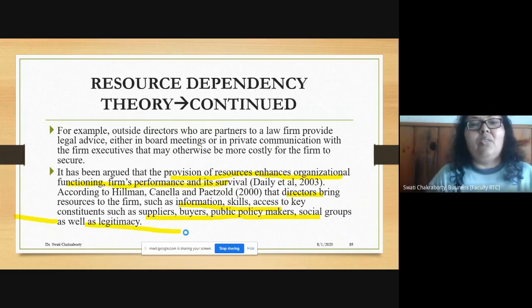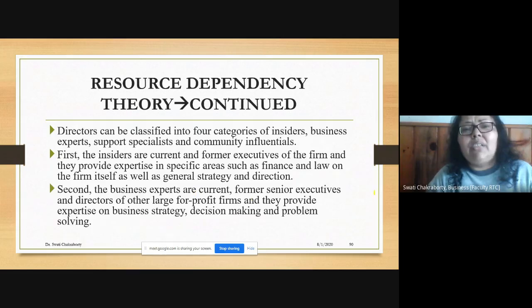Okay, so directors can be categorized into four types. They can be insiders, that's the executive team. They could be business experts, support specialists, or community influentials.